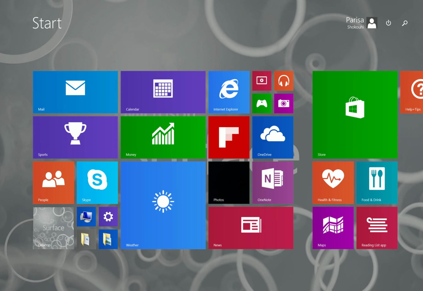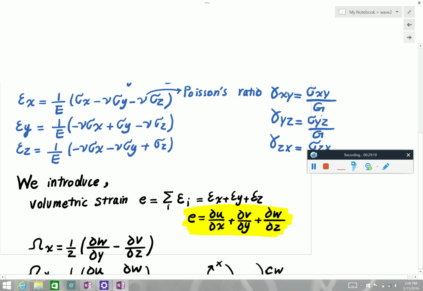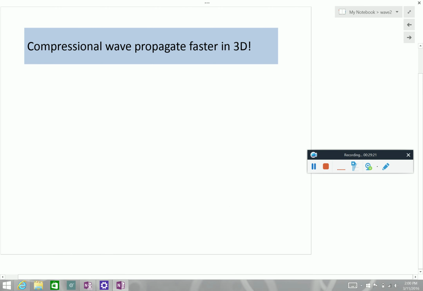Now I don't really want to show you all the details, but if you do that, this is what we are going to get. We'll get, of course, 3 equations for 3 directions, and they will look like that.